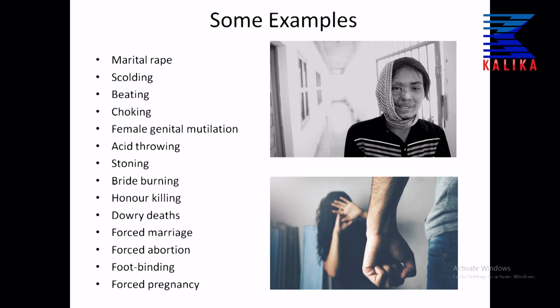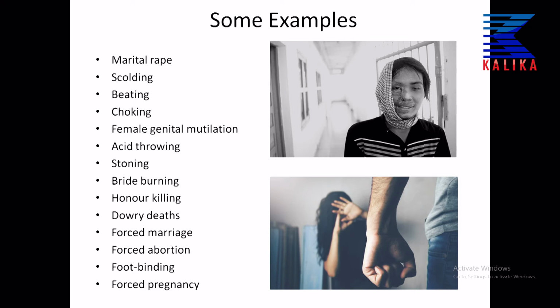This is called honor killing. Especially it is found in the Muslim community. If a girl is pregnant before her marriage, she is killed in some societies. Still today, this sort of killing is called honor killing. Dowry deaths, killing females in the name of dowry, forced marriage, forced abortion, foot binding.